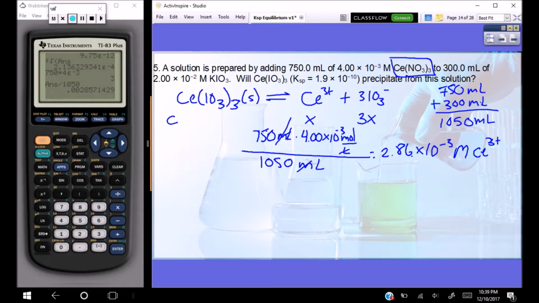So I've got 300 milliliters times 2.0 times 10 to the negative second for my iodate, and my new volume is 1050 milliliters. Okay.